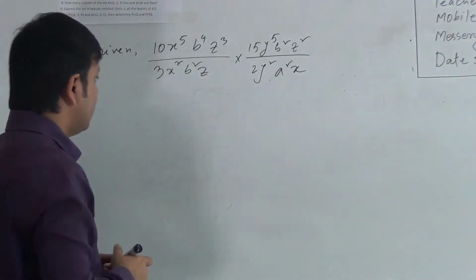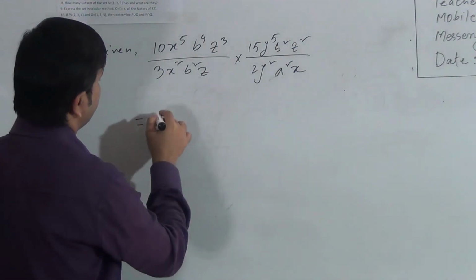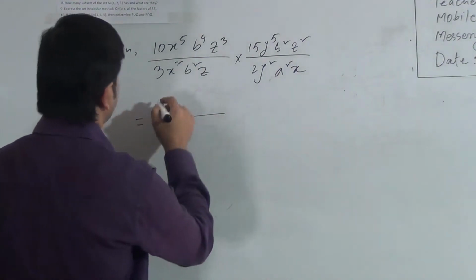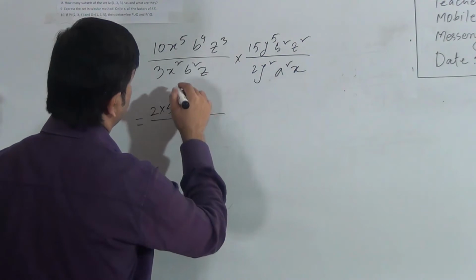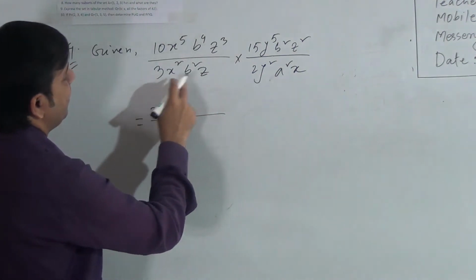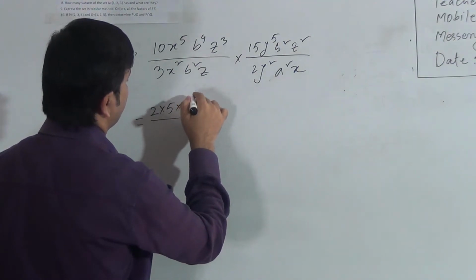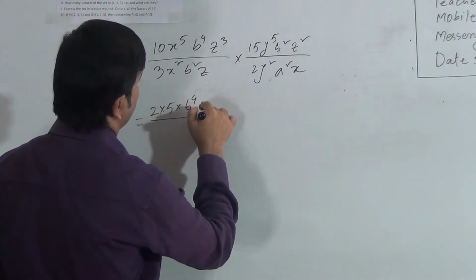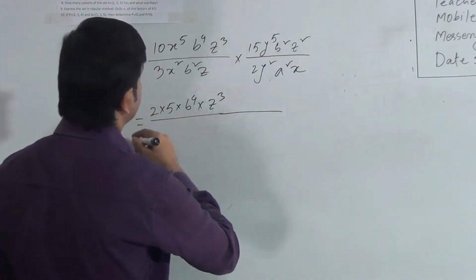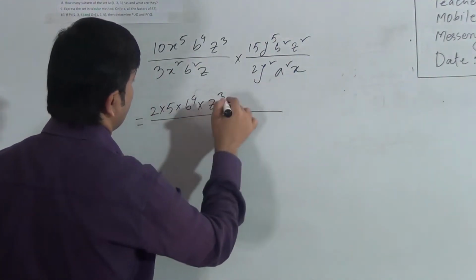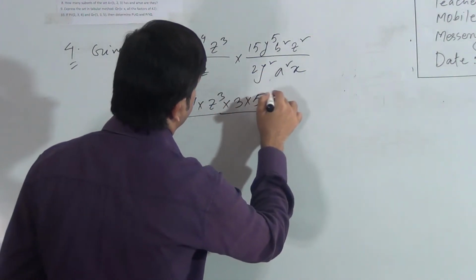Okay, now we can calculate here, dear students. At first, simplify the first fraction. So we can write 2 into 5 into x to the power 5, as here is x square and x, then b to the power 4, then z cube. 15 means 3 multiplied by 5.